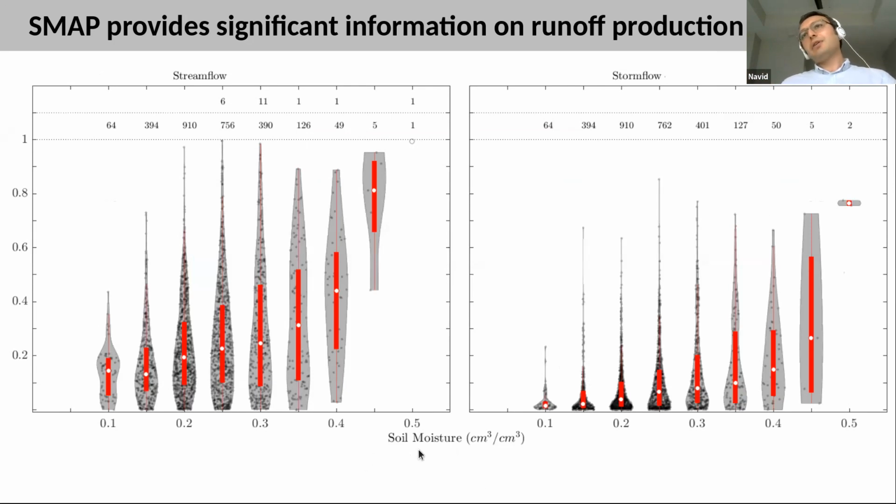In these two plots, one of them is using stream flow, the other one is using storm flow. We just plotted that to see if it affects the analysis, but it didn't.